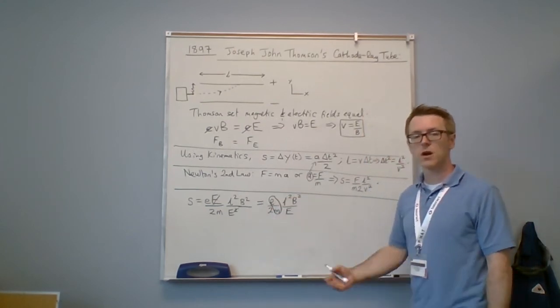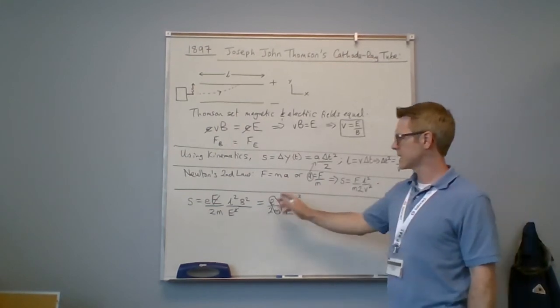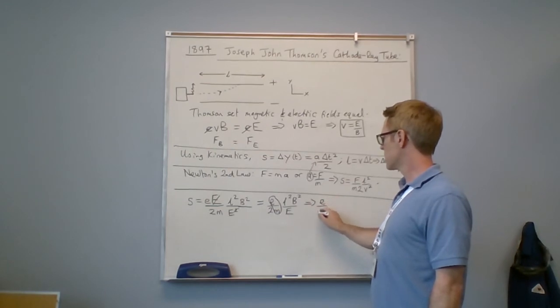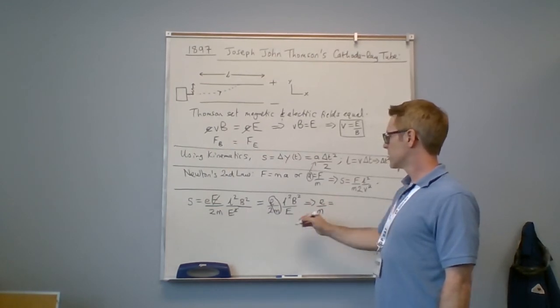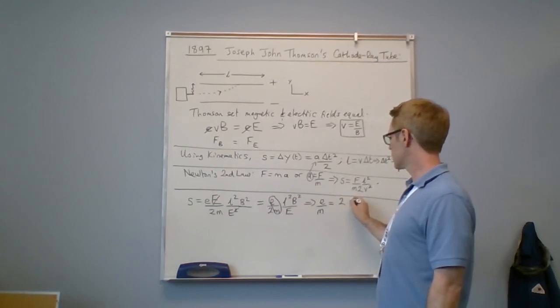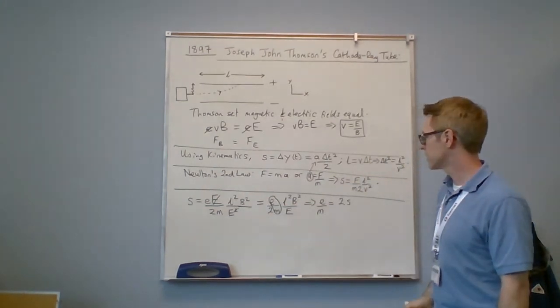Joseph John Thomson contributed the charge to mass ratio of the electron. So let's isolate charge to mass ratio. So I need to take the 2 upstairs. So it's 2s.